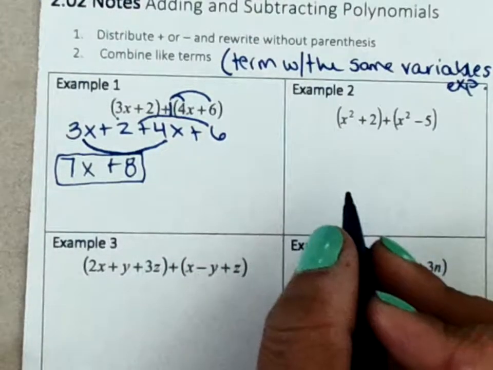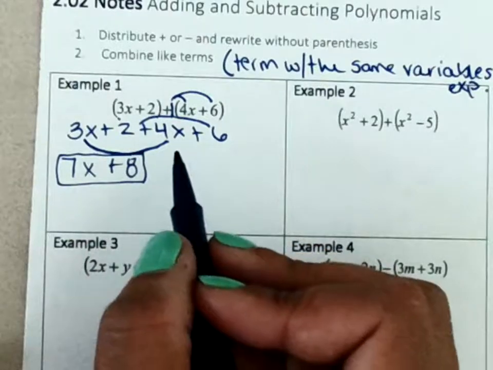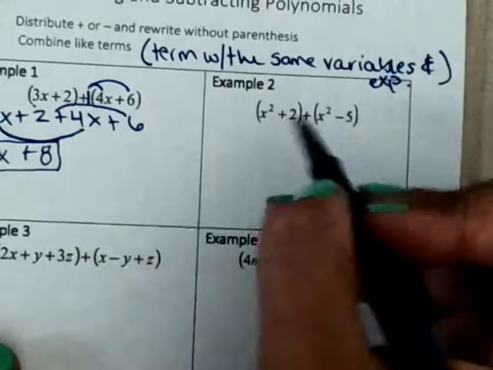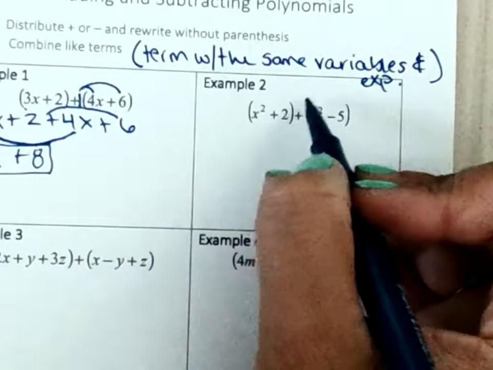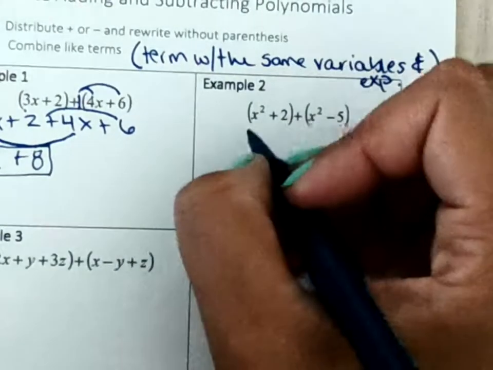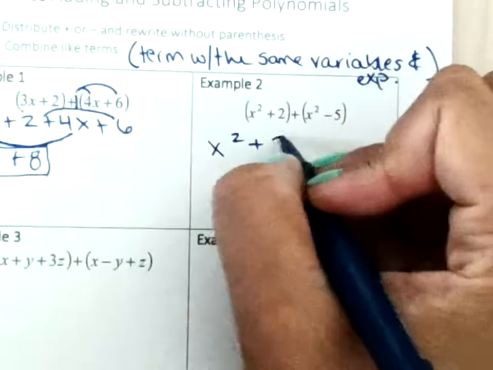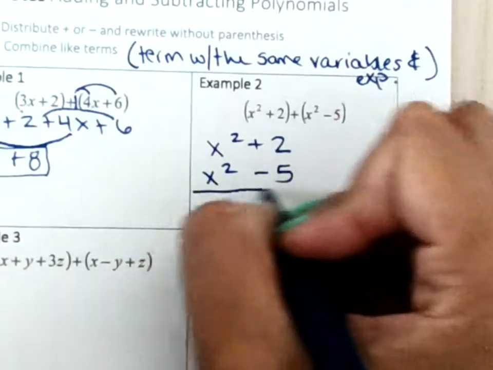In our second example, I'm going to show us a different way of solving that some people might like more than just connecting like terms. So again, we have a positive sign. This is not going to change anything in the parentheses. So I'm going to rewrite this instead as an addition problem where I line things up vertically.